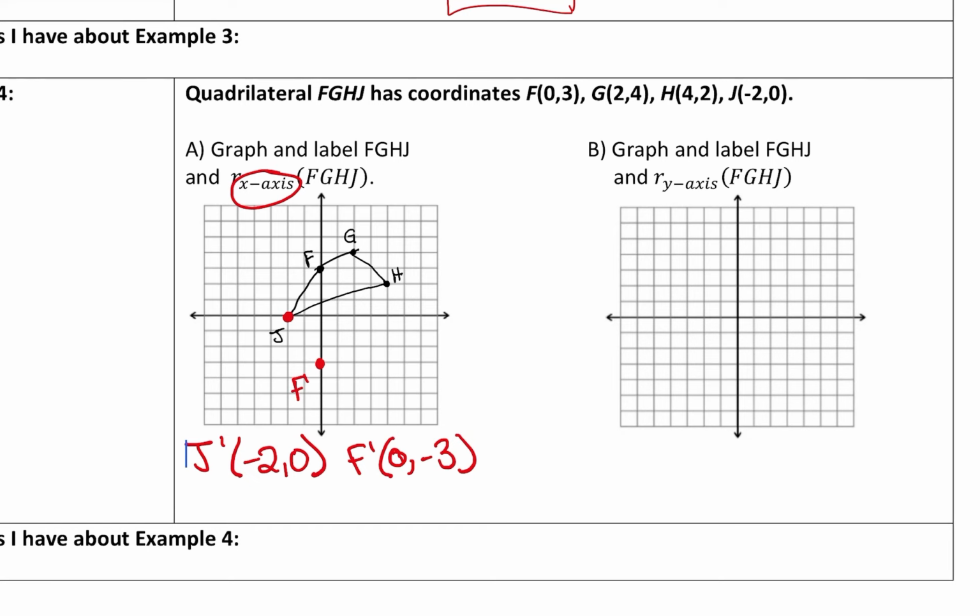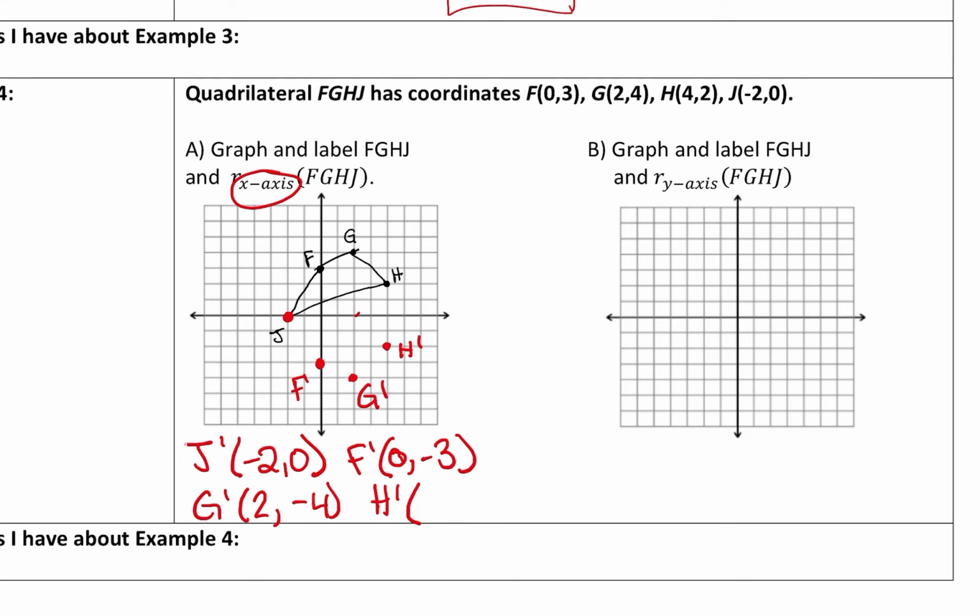All right, G is at 2, 4. It's 4 above, so we're going to go 4 below. So G prime is going to be at 2, negative 4. And then H is 2 above, so we're going to go 2 below.